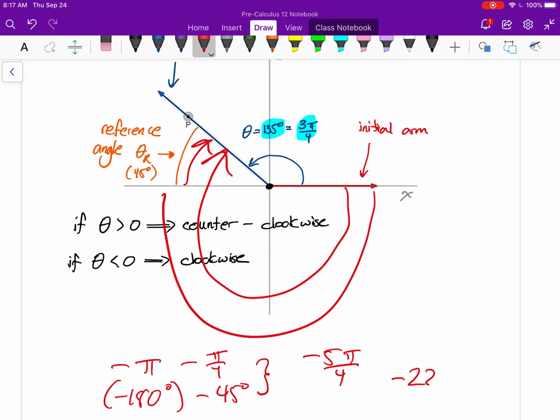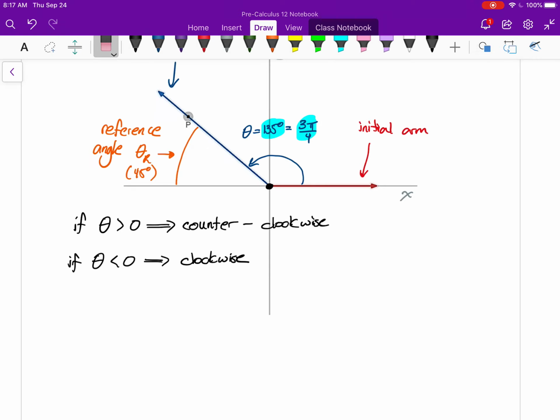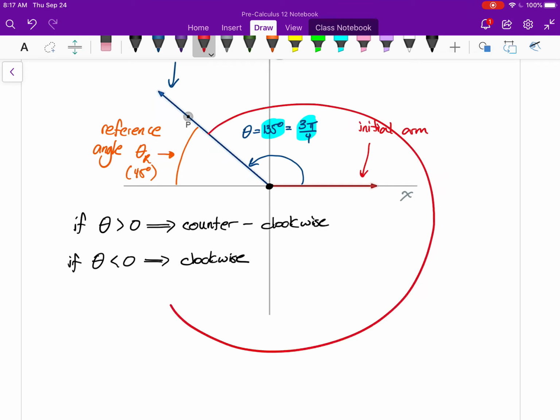Negative 225 degrees in degrees. Okay, that's one way of visualizing it. Or, what's probably easier, there's nothing wrong with that, is to realize once I know that this angle in blue is 135 degrees, if I just take that from there and go backwards one full rotation, that must be the same number.